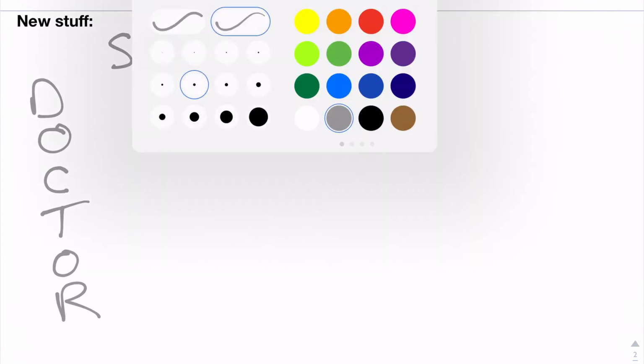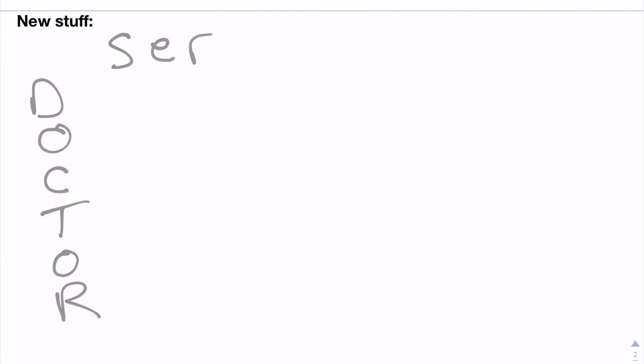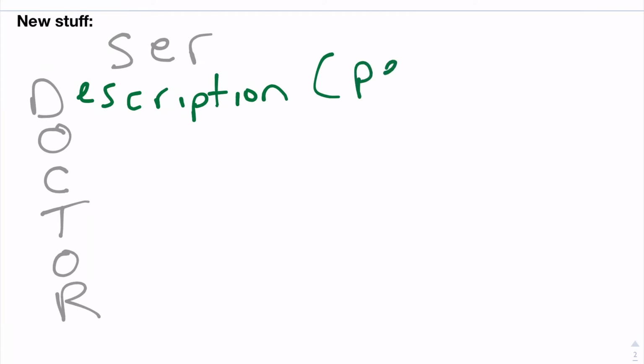So D is going to represent description. So if we're talking about a permanent or non-changing description, for example, yo soy alto.